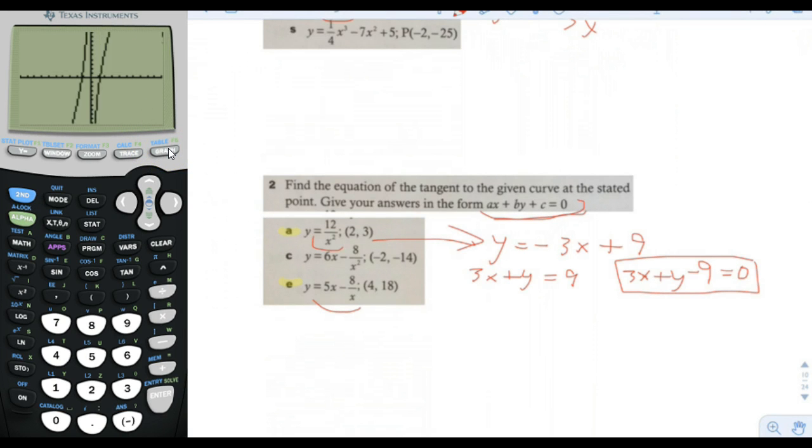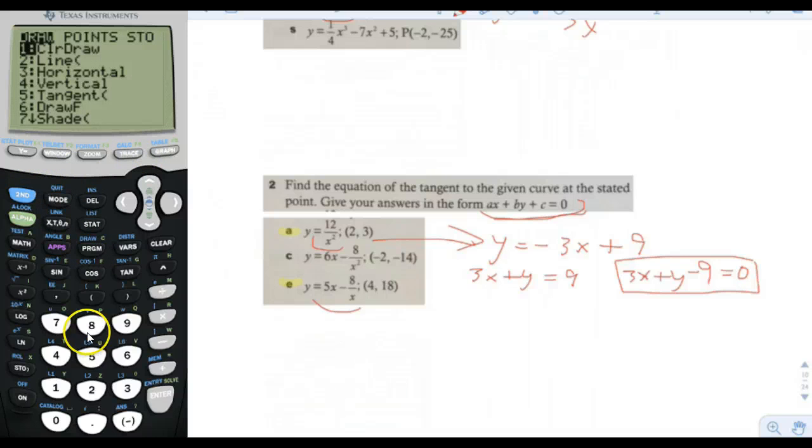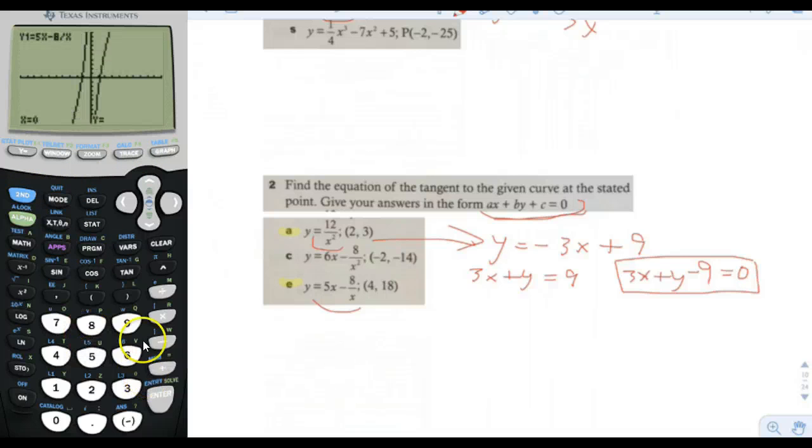And then we're going to look for the tangent line at x equals 4. So we go second draw, tangent, 4. And we get the line y equals 5.5x minus 4.